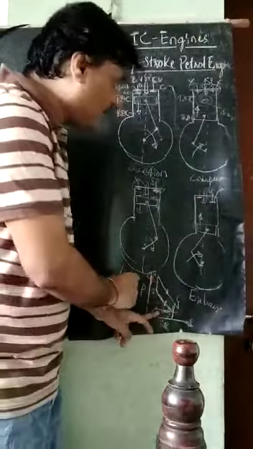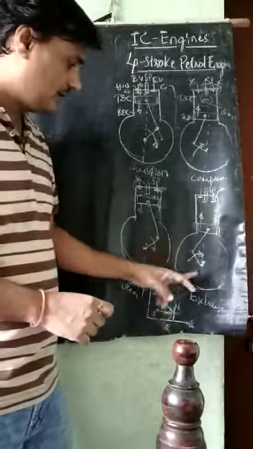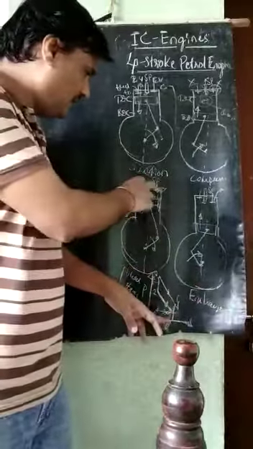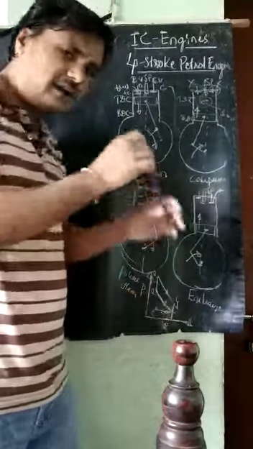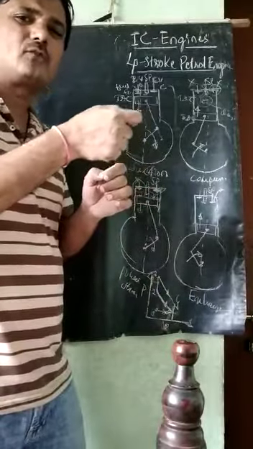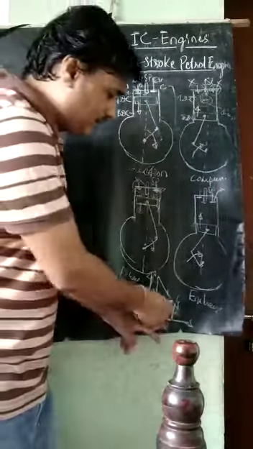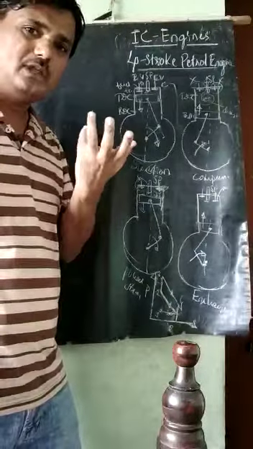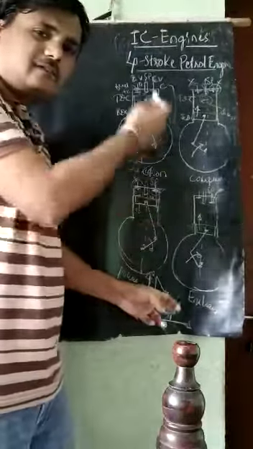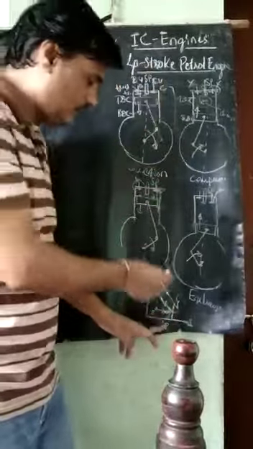The next stroke is the exhaust stroke. Just when the piston is moving downward, the exhaust valve starts opening slightly, and the 4 to 1 process takes place. The exhaust gas starts moving outside from 4 to 1.